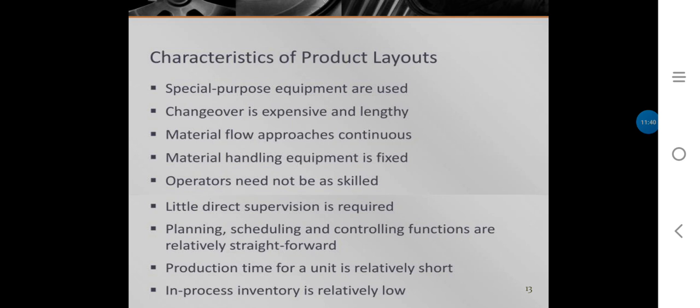Planning, scheduling and controlling functions are relatively straightforward. In the process layout those are very flexible, but in the product layout they are straightforward. Production time for a unit is relatively short, and in-process inventory is relatively low. These are the characteristics of the product layout.